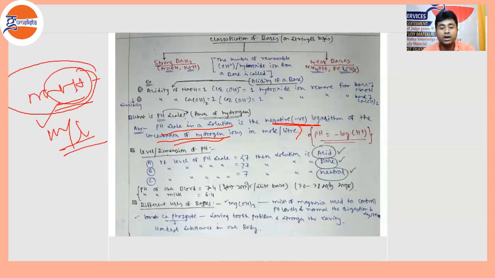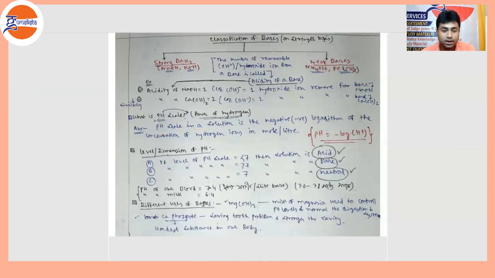If I explain this in a mathematical format, it is this way: pH is minus log of the hydrogen ion concentration.